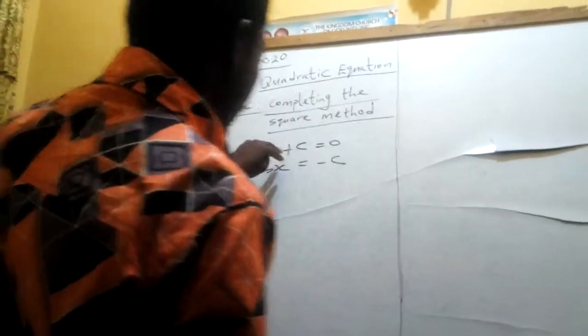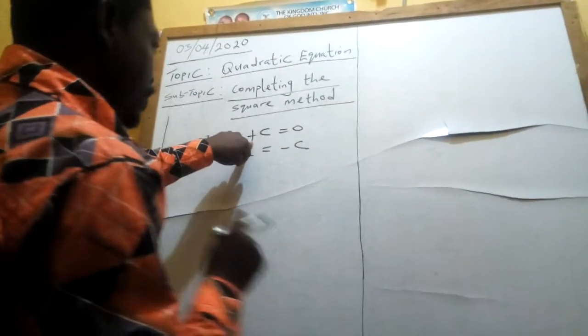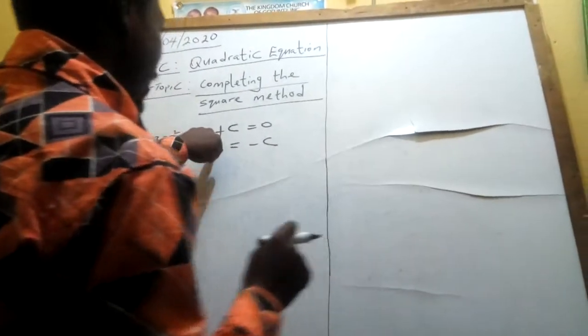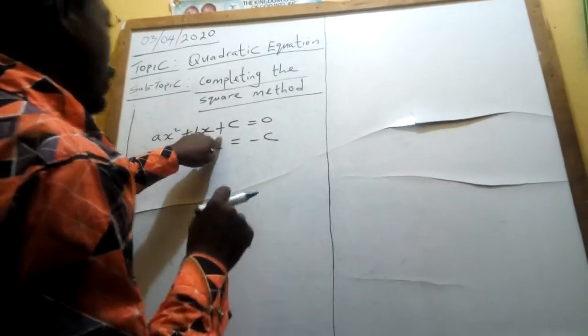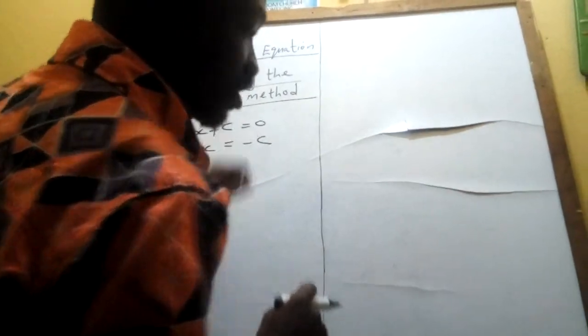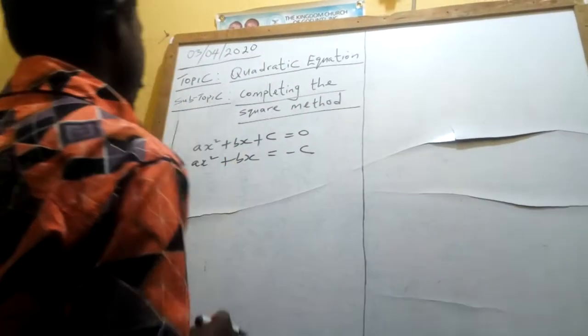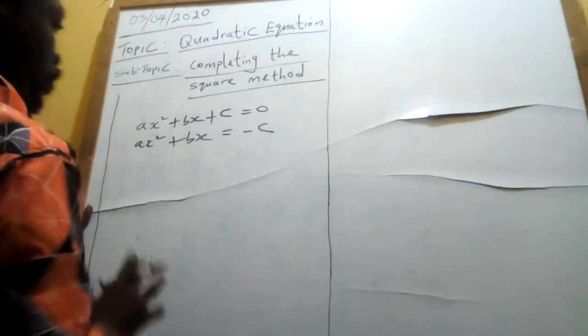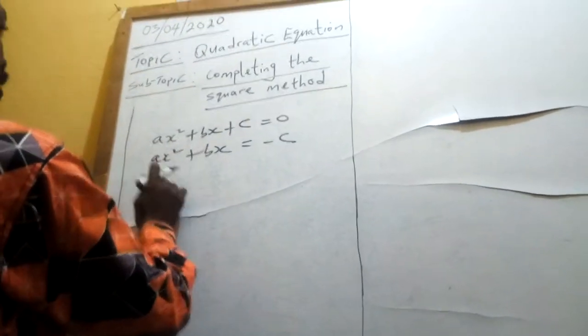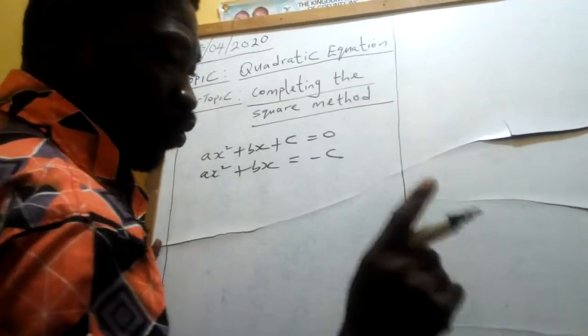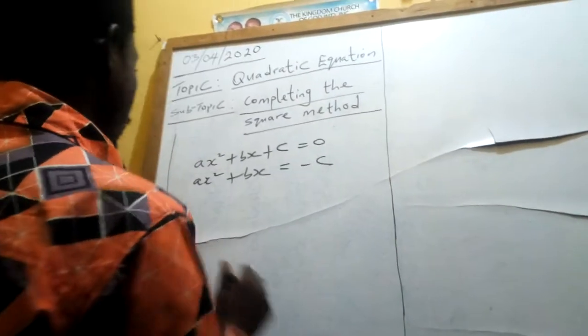The reason is because whenever a positive number crosses an equality sign, it changes to negative. And whenever a negative number crosses an equality sign, it changes to what? Positive.